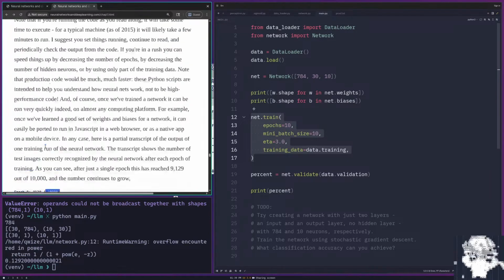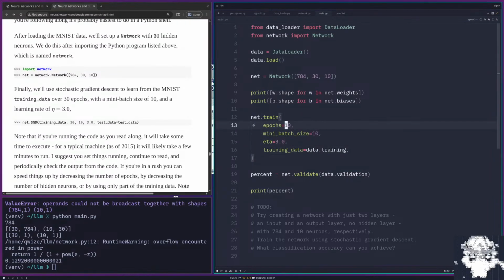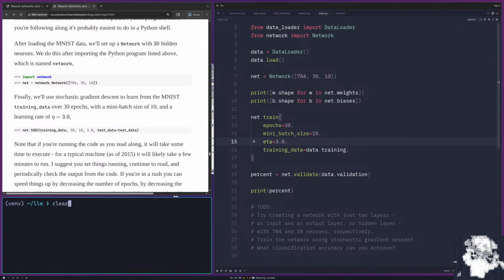So this looks good. What were the hyperparameters there? 30 epochs, mini batch size 10, data 3. I have a feeling we're not going to get the same results.